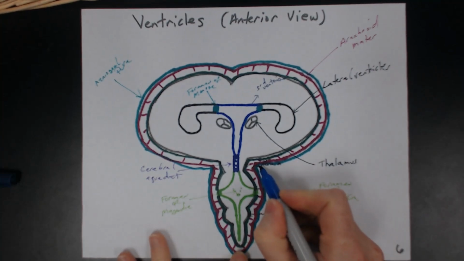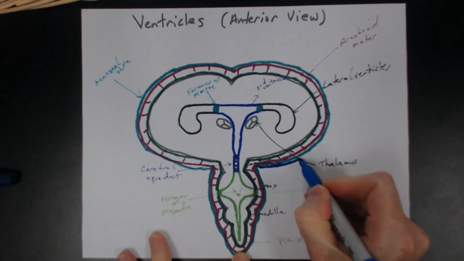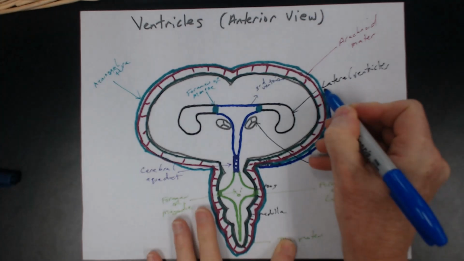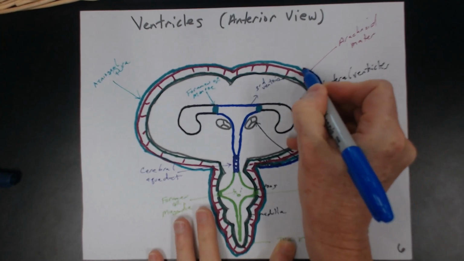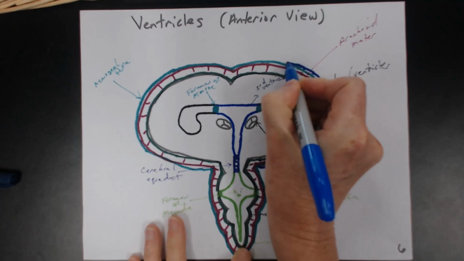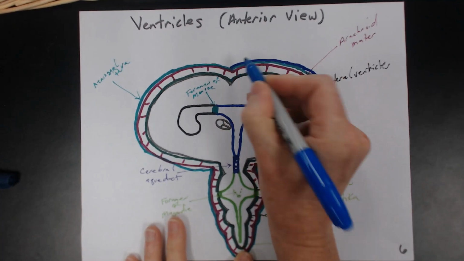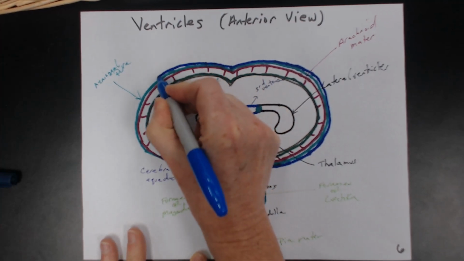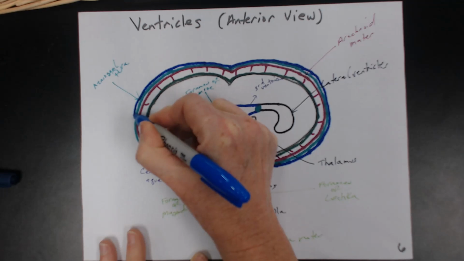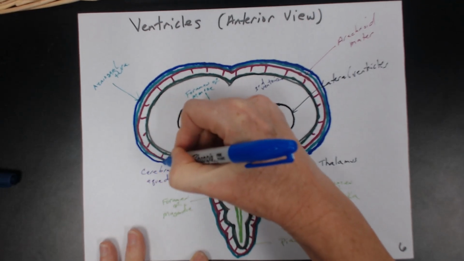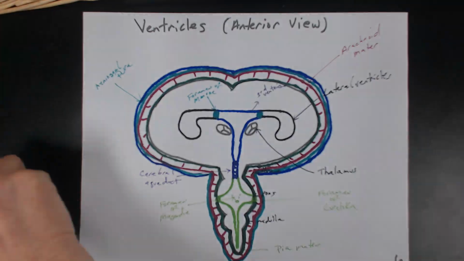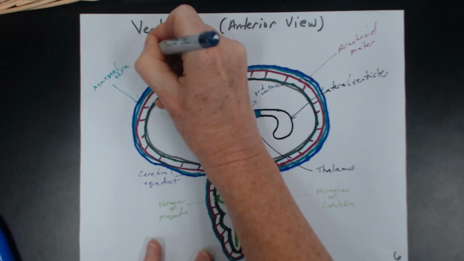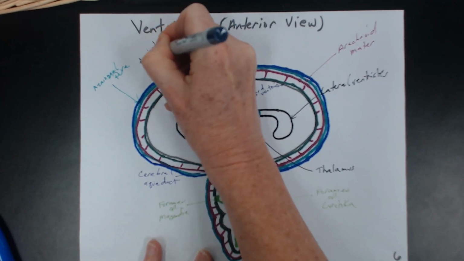So to represent that, I'm just going to put the periosteal dura here around the skull, the part for the brain. And that's your outermost layer, your periosteal dura.